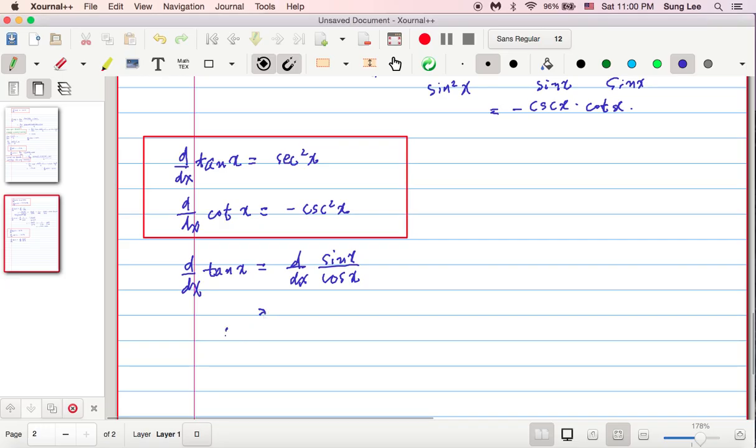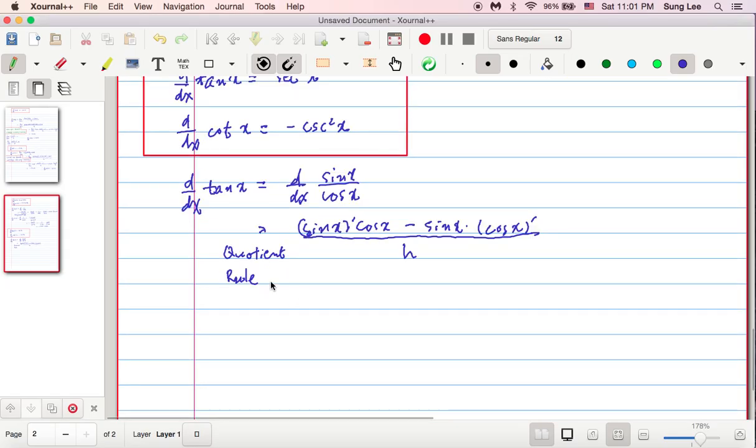So using the quotient rule, that's going to be sine of x prime multiplied by cosine of x, minus sine x times cosine of x prime, all over cosine of x squared.